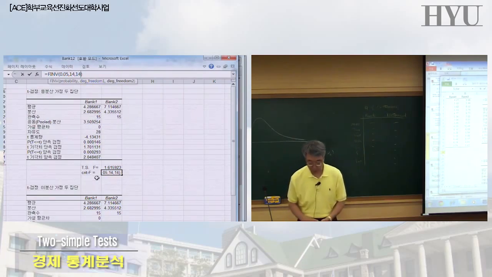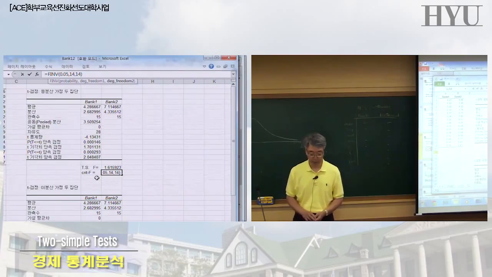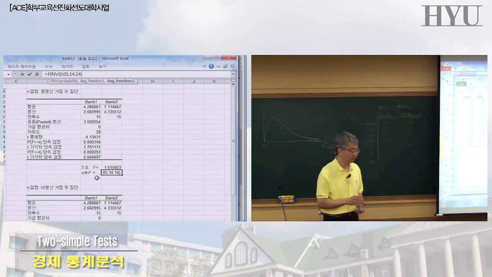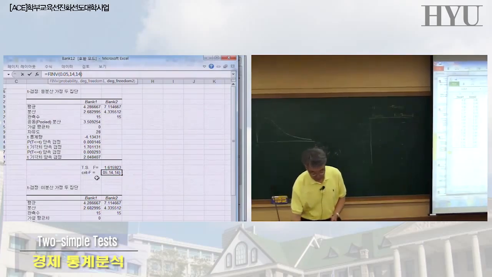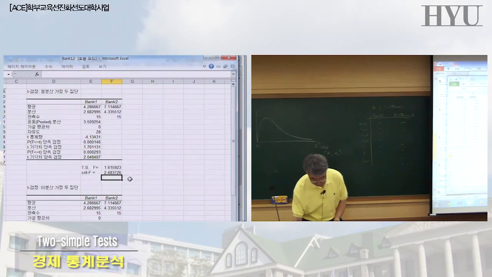So either you can use the table if you don't have a computer available, or if you have Excel available, then you can use this formula, F inverse, that gives you the critical value for the F statistic. Specify alpha and degrees of freedom 1 and degrees of freedom 2, and then you will get 2.48. So you can either use the table like this.